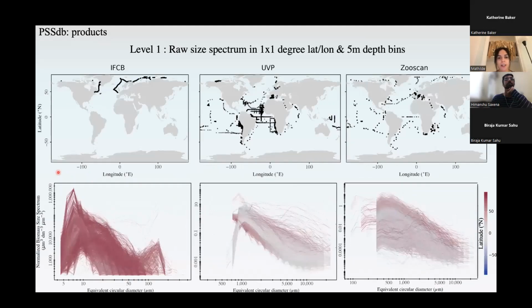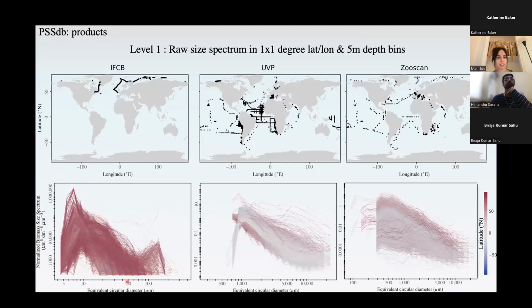And this is what their NBSS would look like. So the first thing to notice is that typically for NBSS, what we observe is a decrease of the abundance of organisms with increased size.